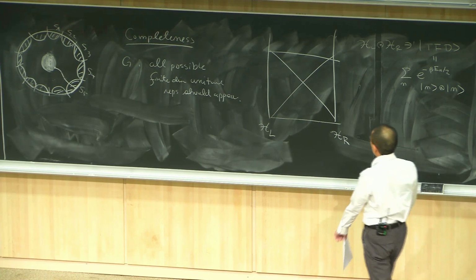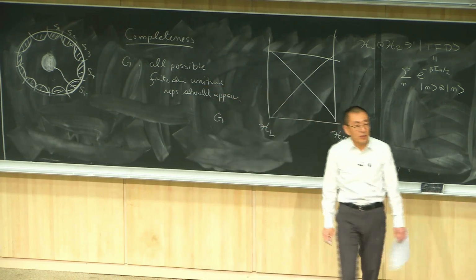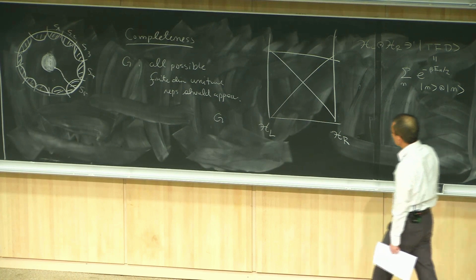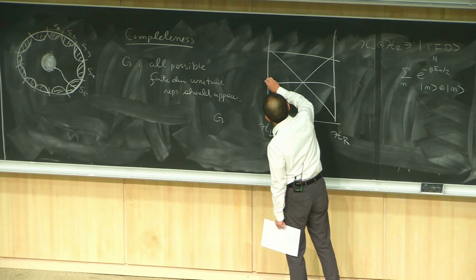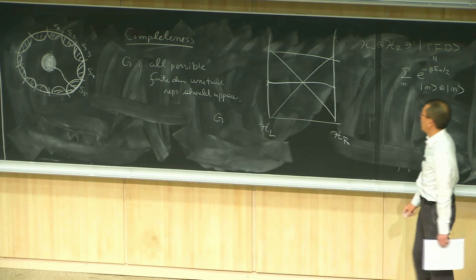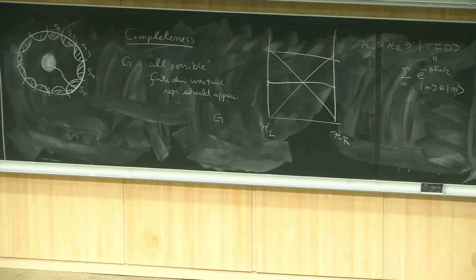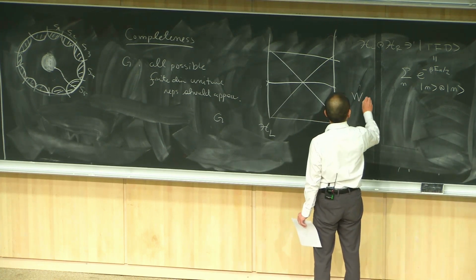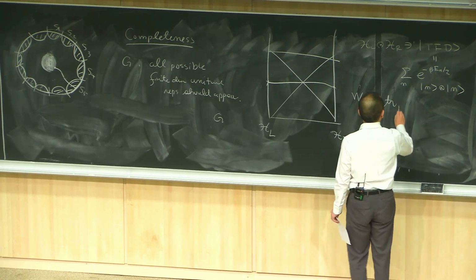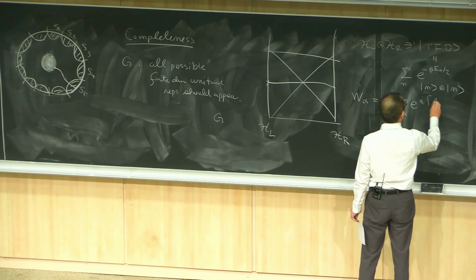Now, if you have such a system, and suppose you have a gauge group G in the bulk, and a gauge field A, then what you can do is consider a Wilson line starting from one point on the boundary and ending on the other point on the other boundary, going through the wormhole. Then you can construct the Wilson line operator, which is a trace of the path ordered exponential of the gauge field.